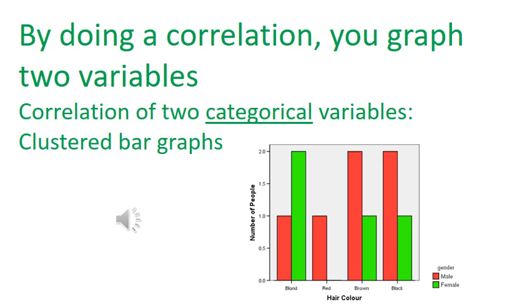And more males than females have brown and black hair here. By looking at such a clustered bar graph, you can see correlations or the absence of correlations between two categorical variables. The only thing you're not able to do here is to find the level of statistical significance. That would be done with a chi-square test.